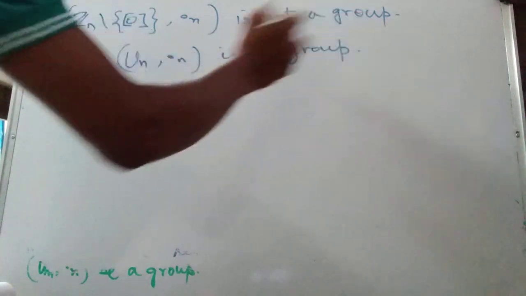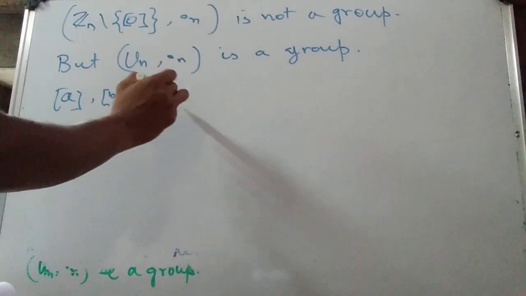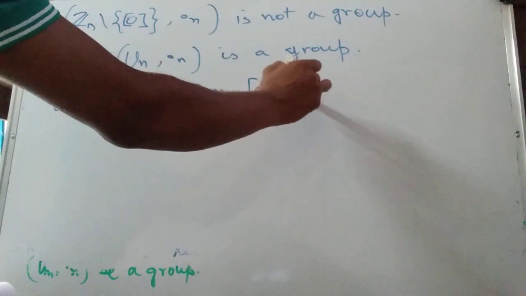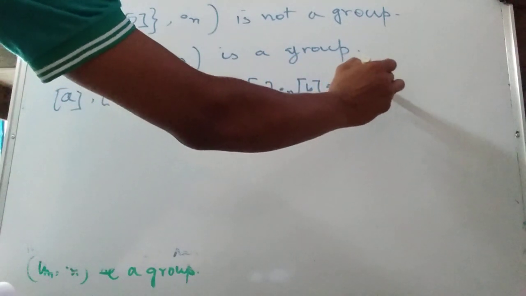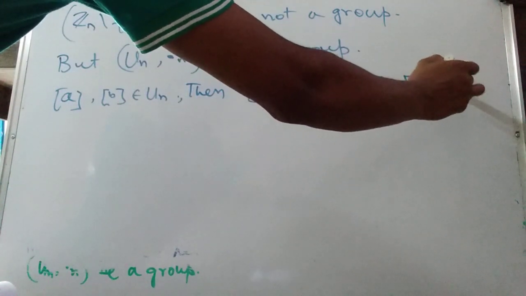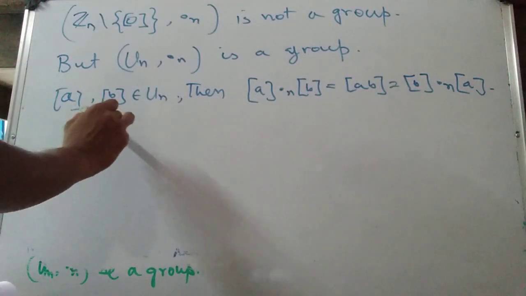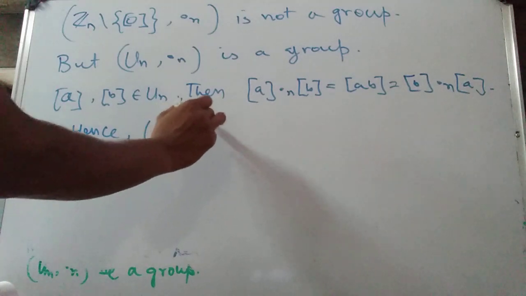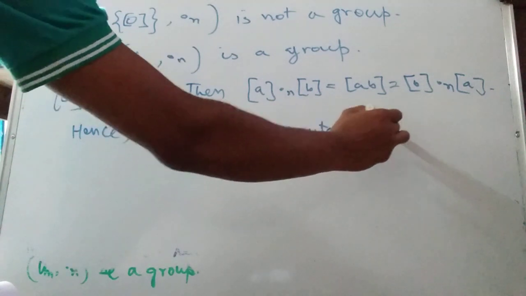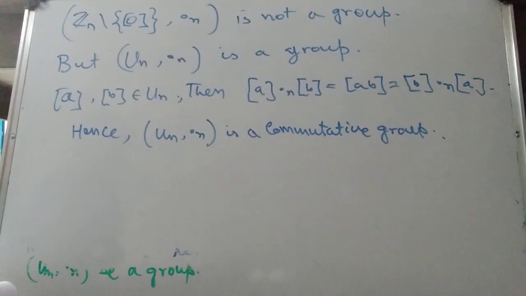Now we also talk about class A, class B belongs to Un, and then class A multiplication modulo n class B equal to class AB equal to class B multiplication modulo n class A. Hence Un with multiplication modulo n is a commutative group. Understood? Not a problem at all, I think.